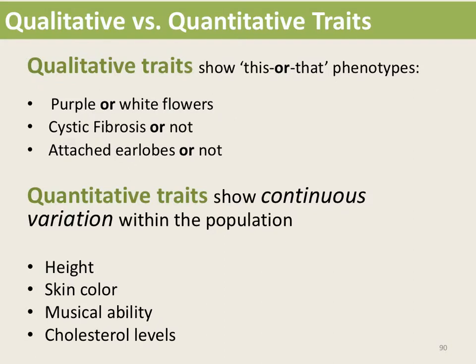Now, quantitative traits. Most of our attributes, our characteristics, our traits, are what are called polygenic.